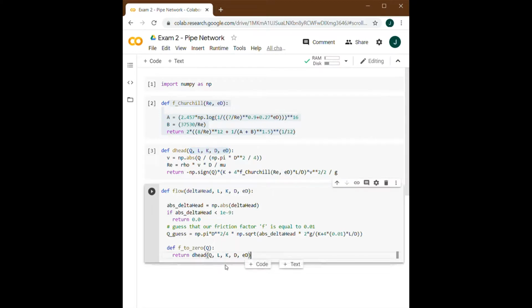We get L, K, D, and ED from our problem that we're running, and Q is going to be pulled from whatever we put in here.